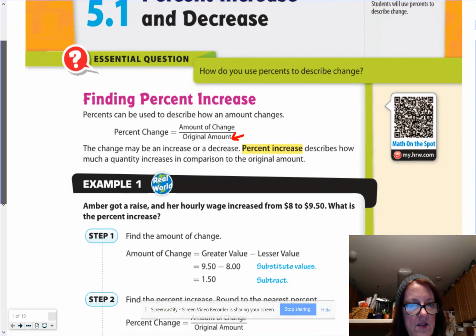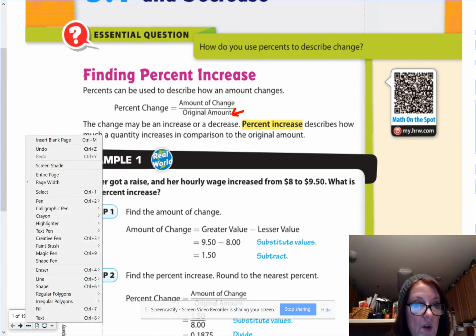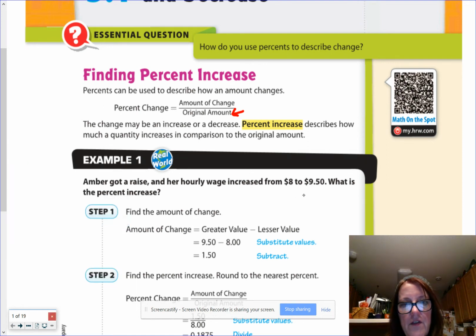Let's look at a few. It says Amber got a raise. Her hourly wage increased from $8 to $9.50. First, find how much it changed. From $8 to $9.50 is $1.50. Then what was my starting number, my original amount?